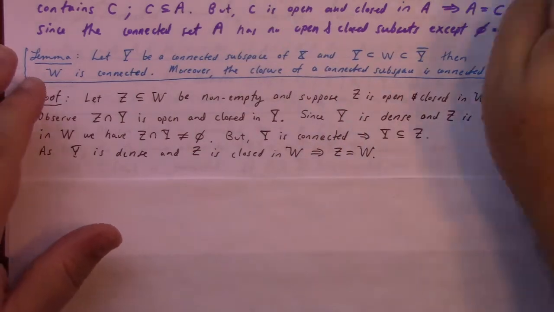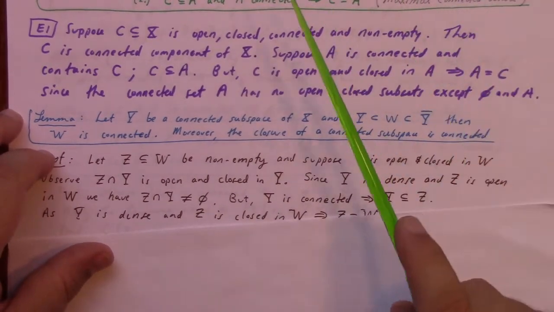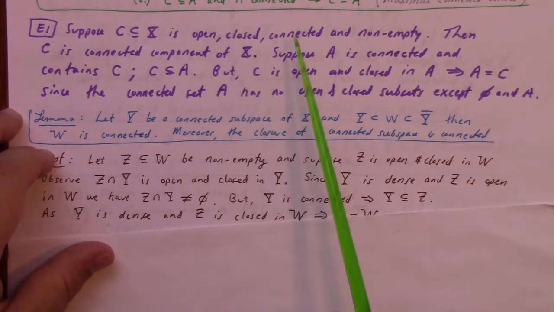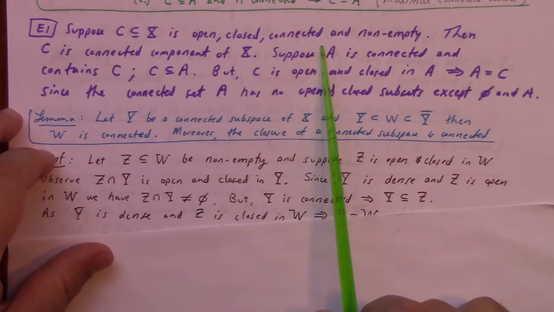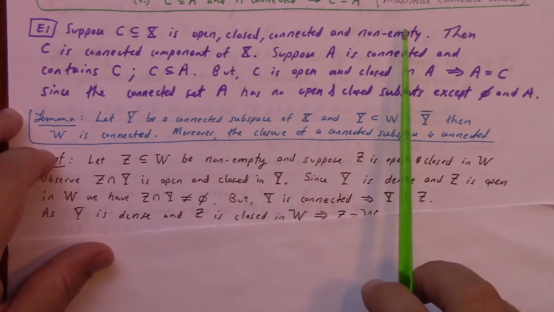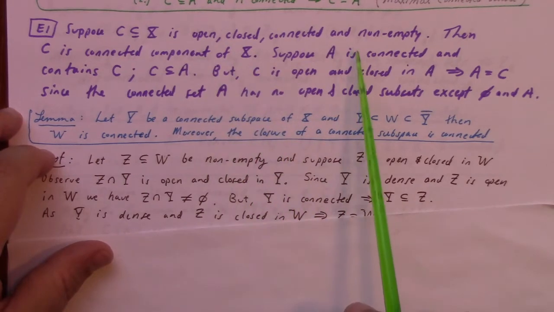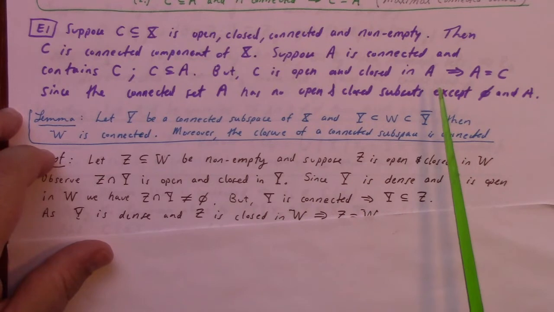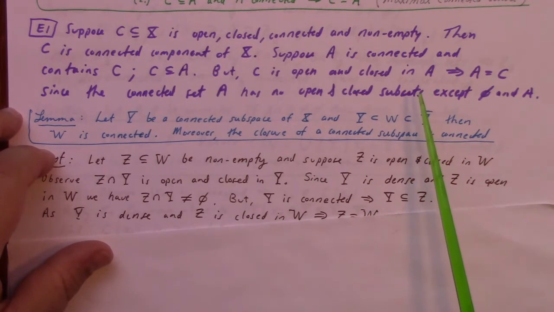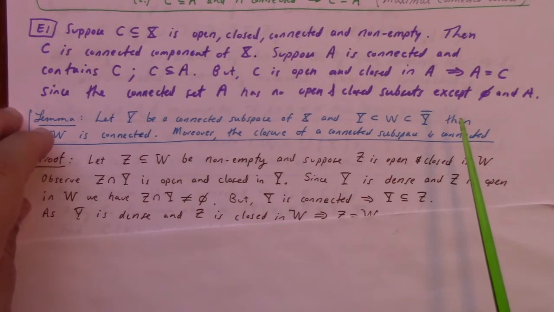I think part of what's bugging me is that I'm trying to impose a converse of example 1 here. Example 1 is saying, suppose you have an open, closed, connected, non-empty set, and then that implies that it's a connected component. But I don't think it has to be the case that every connected component is both open and closed in the superspace in which it lives.